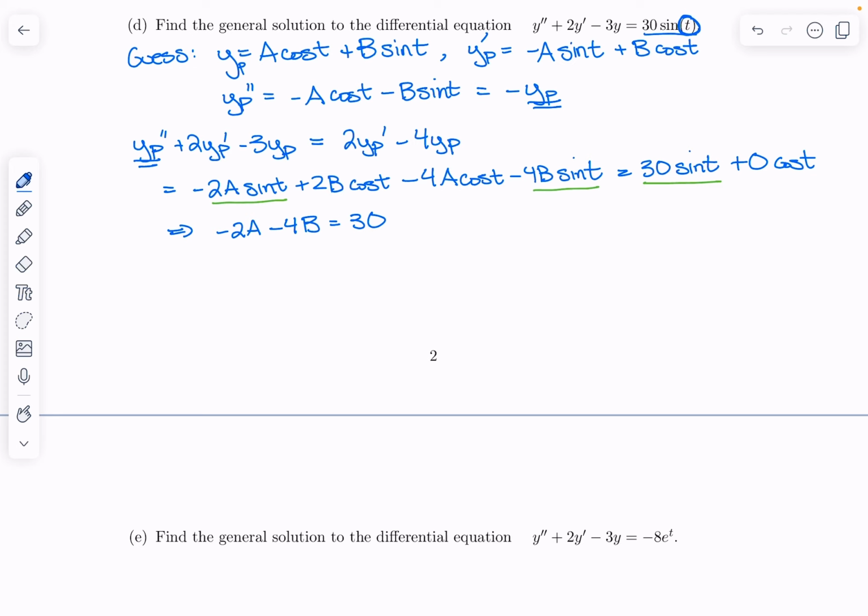And then similarly, if I match the cosine t's, here I have 2b cosine t and minus 4a cosine t and then 0 cosine t.